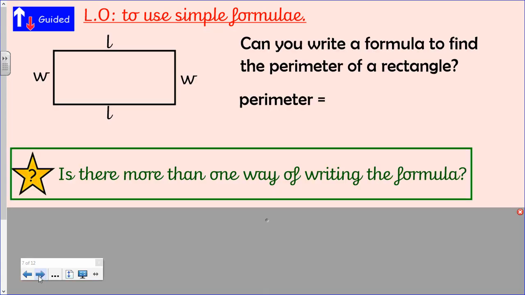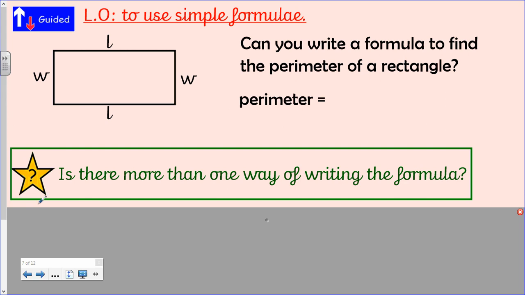Right, next one then. So she used simple formulae still. So can you write a formula to find the perimeter of a rectangle? So the perimeter, in case you can't remember, hopefully you can, the perimeter is all the way around the outside. So how can we put that as a formula?